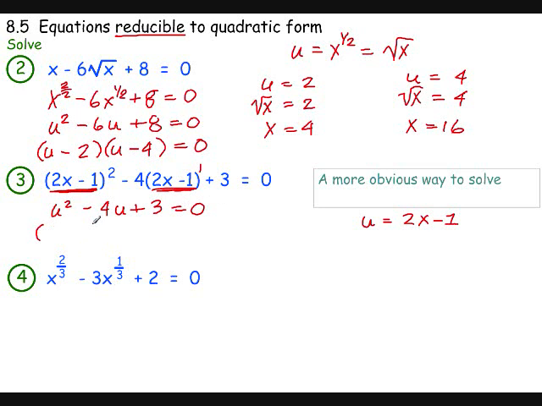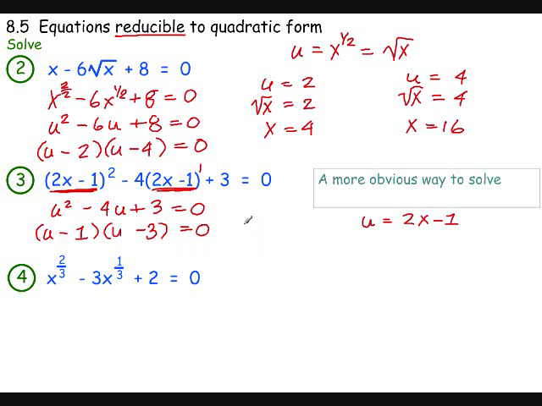I factor. This has to be a u, this has to be a u. Two factors of positive 3 that when I add them together give me negative 4. Good.